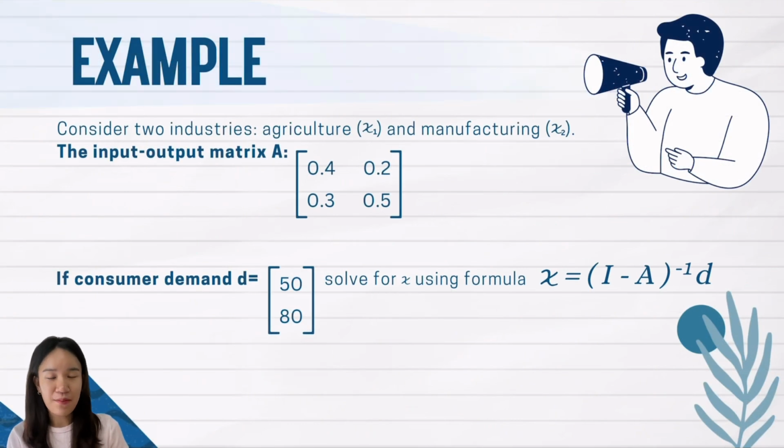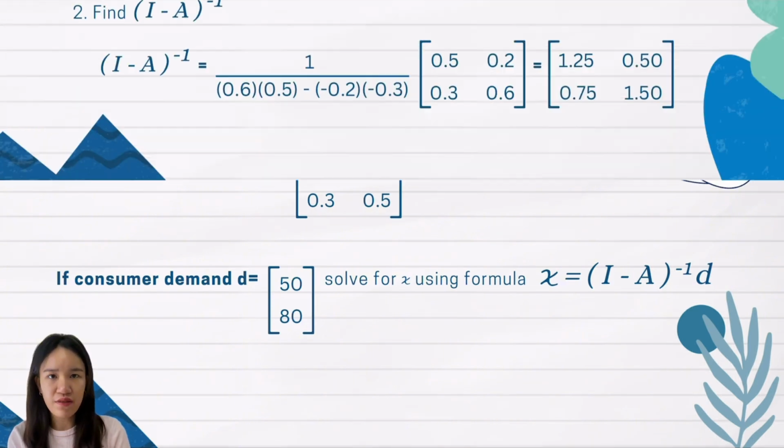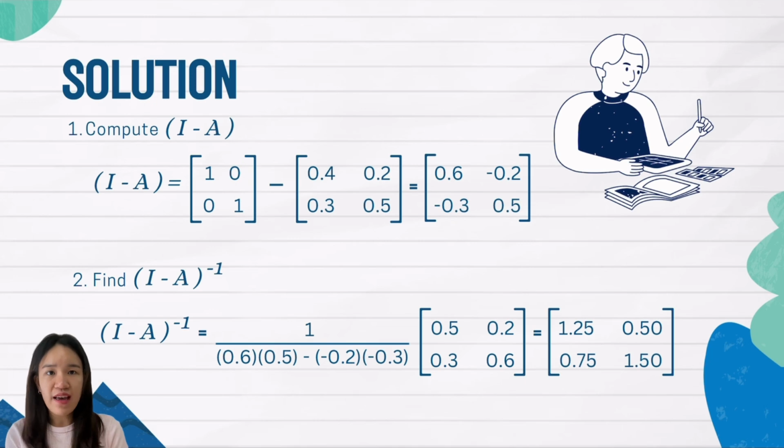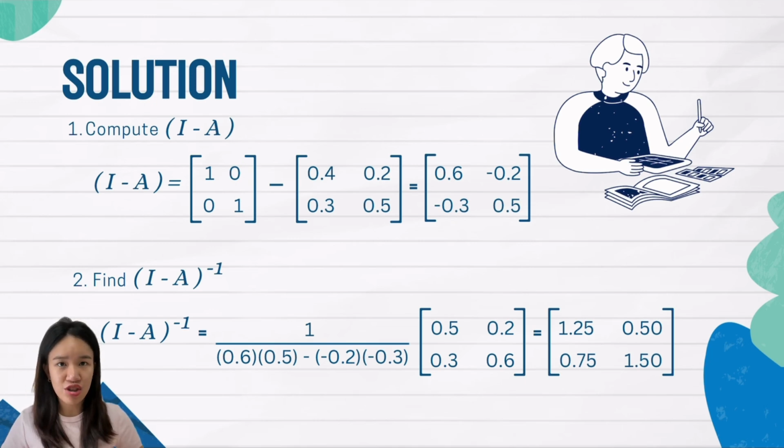This is the example. First, we consider two industries, agriculture S1 and manufacturing S2. The input-output matrix is given. Now, if consumer demand D is given, we need to solve for X using the formula. So, this is the solution.